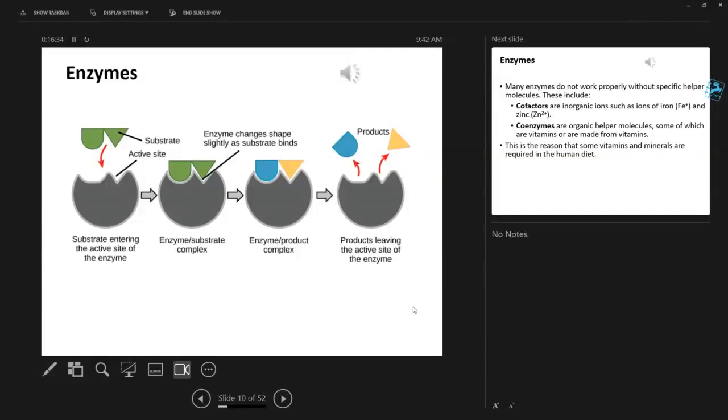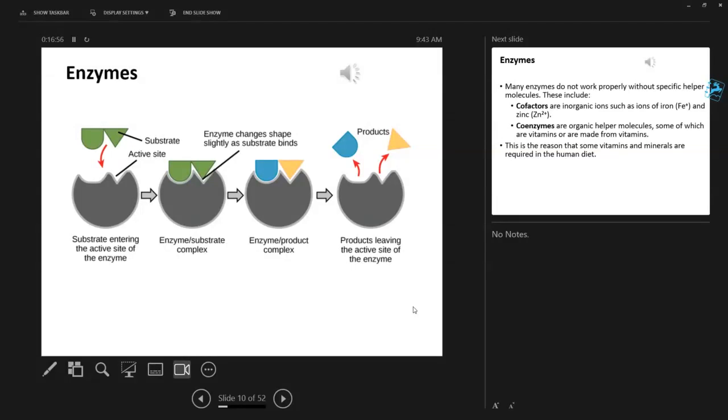And also recall that every protein molecule has a specific shape, a three-dimensional shape called the conformation. And in the case of an enzyme, the shape of the molecule includes this keyhole called an active site.